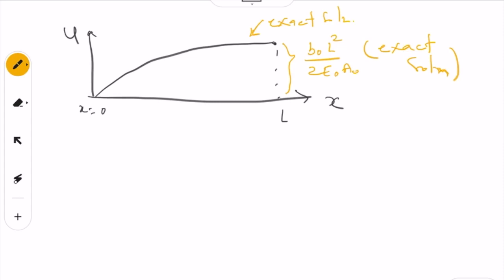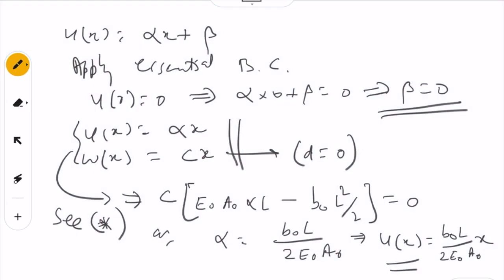Now, the solution we got tells you u x equal to B naught L over 2 E naught A naught x, and this is linear. If you put x equal to L, it becomes B naught L square over 2 E naught A naught. So at x equal to L, you get the same u as the original one.